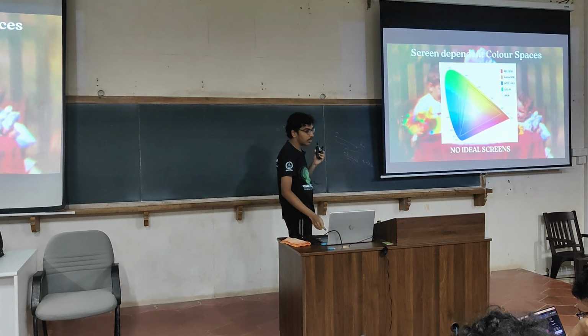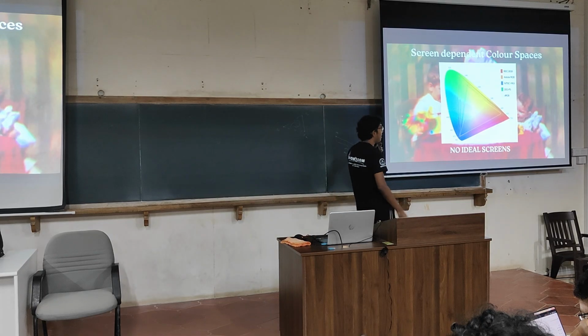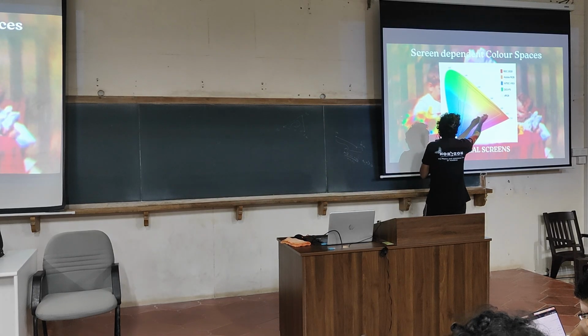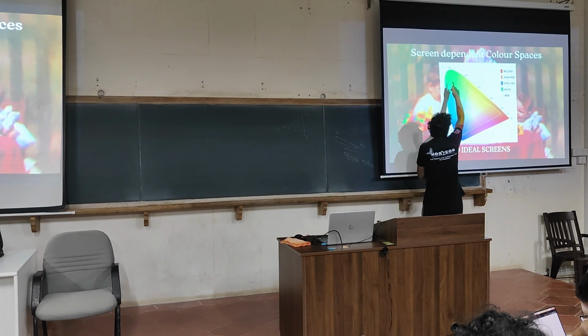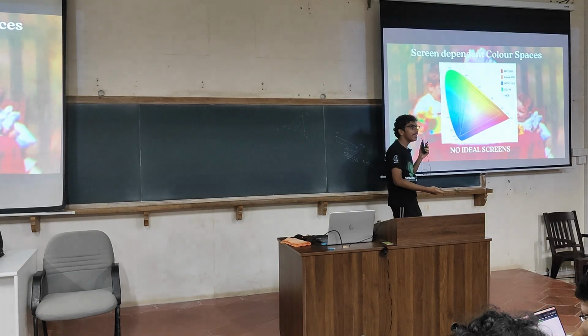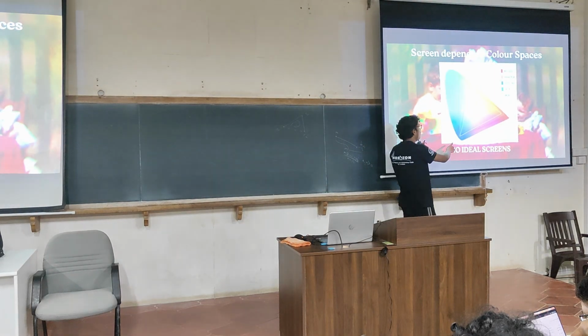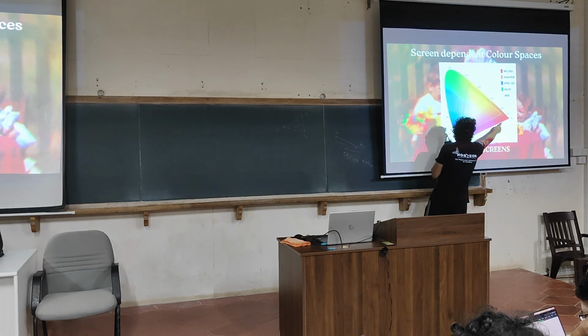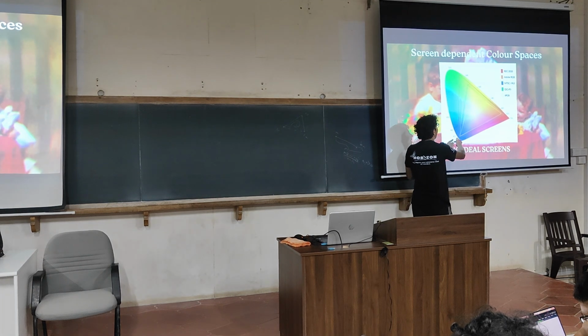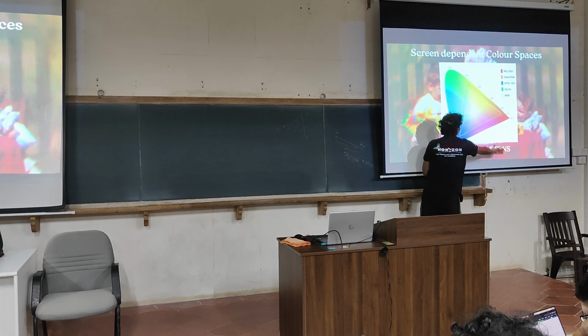Now have a look at the chromaticity diagram. Tell me three colors in the chromaticity diagram that will form a triangle covering the entire color space, including all possible colors.